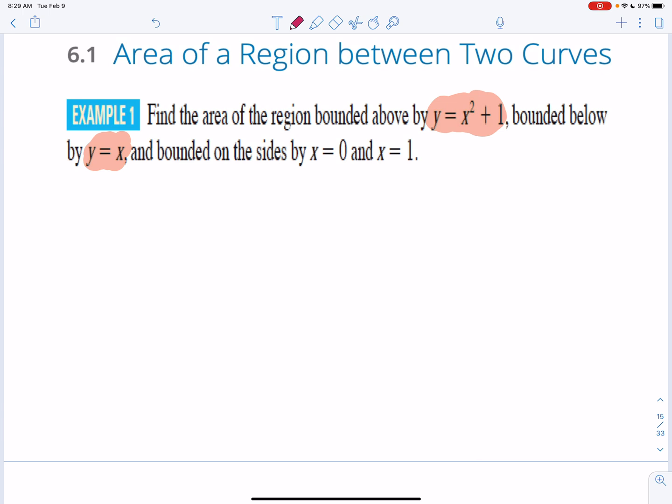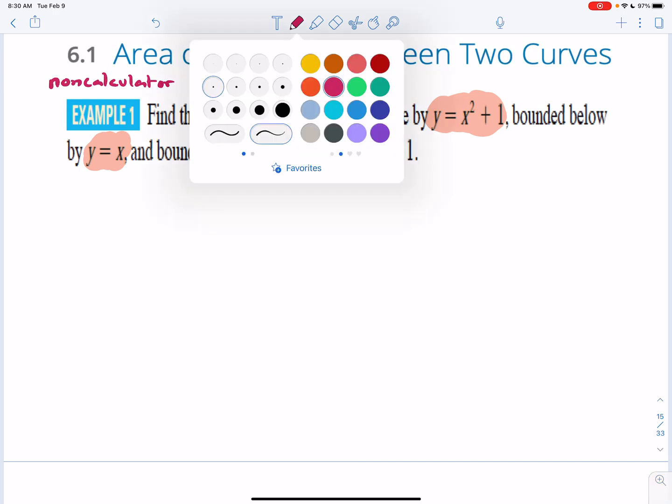Now if you don't remember how to do it, that's okay, just refresh your memory, okay? So seeing as how these functions are simple enough, I would assume that this is a non-calculator problem. But I'll still show you how to do it with a calculator afterwards, okay? So here we go.